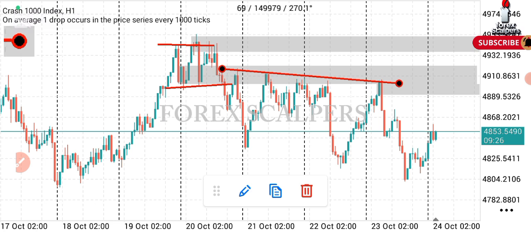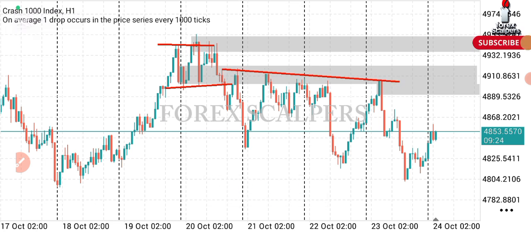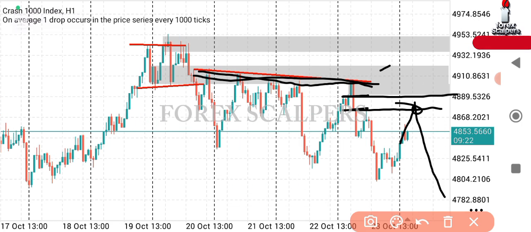And price will always move in the direction of liquidity. So we have all of this liquidity that is built up here. Remember, this order block, our mark here, has not been mitigated by this price action.